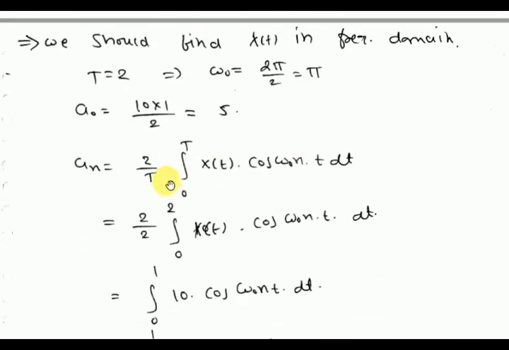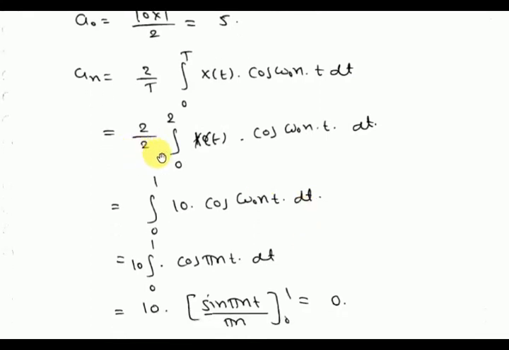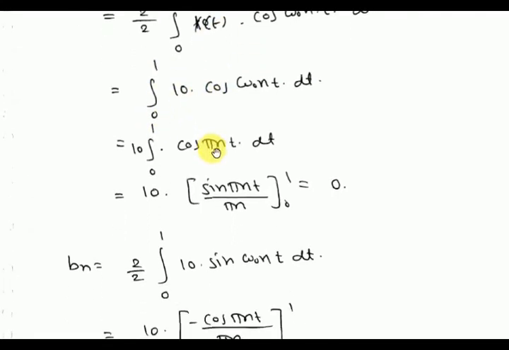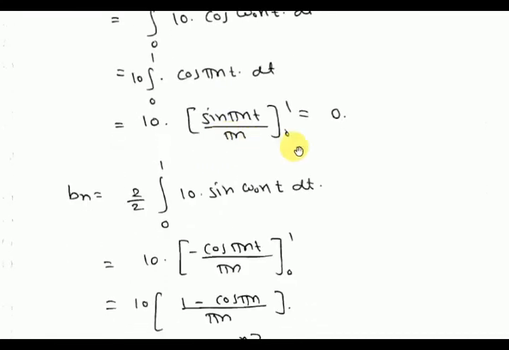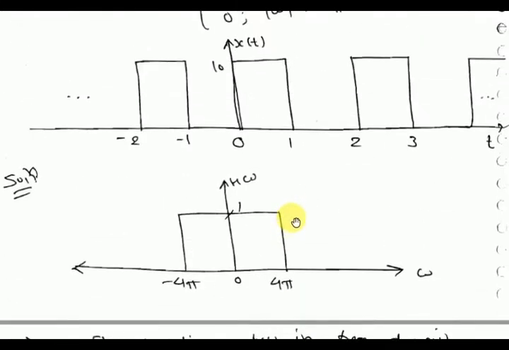And the a n formula is 2 by T integration 0 to T x of t cos omega naught n t dt. Here T is 2, and x of t is 10 for 0 to 1 and 0 for 1 to 2. We can directly say that a n will be 0. How?